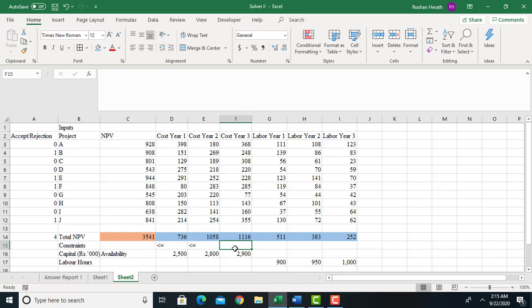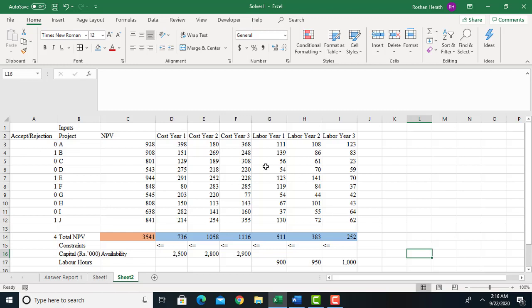This does not do anything, but it will help us when we establish the constraint, because it gives us the idea. And also the labor usage should be lower than or equal. Now we have developed this constraint.